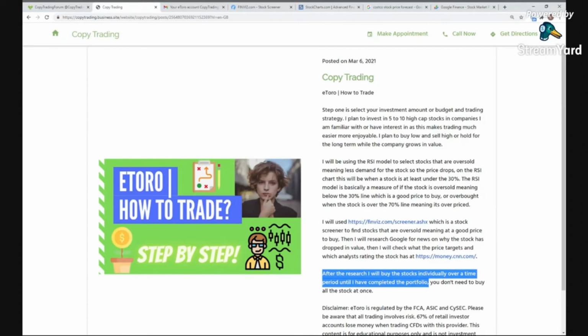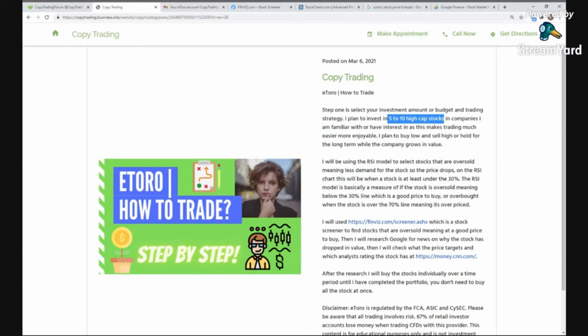So my plan for this account is to buy 5 to 10 stocks, high cap stocks that are a good price at the moment. Looking at the RSI model, they're under 30%. Eventually, when I get to 10 stocks, I'll have $300 in each stock, so that will be 10% of my portfolio per stock.